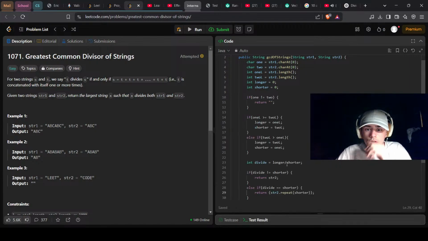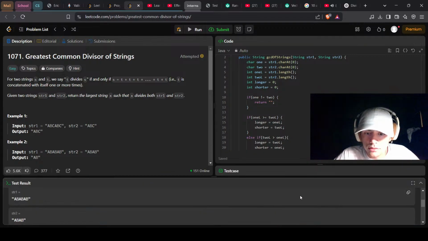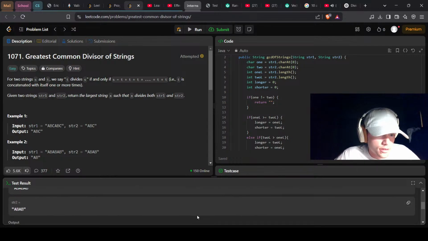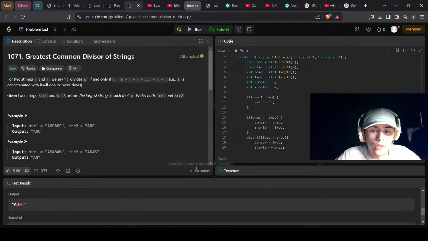Oh wait, that's why. So close, so far. What's the test case? So we divide the length of this. 2, 4, 6. 6 by 4, you get 1. So divide is 1 now.